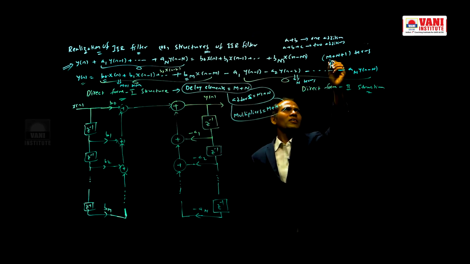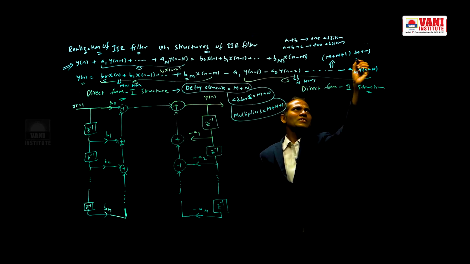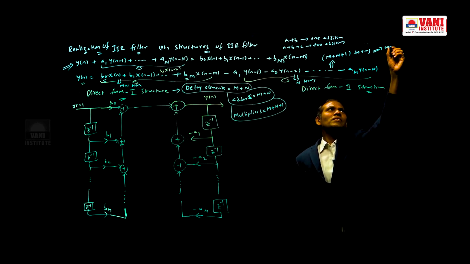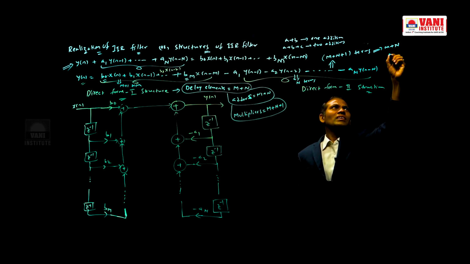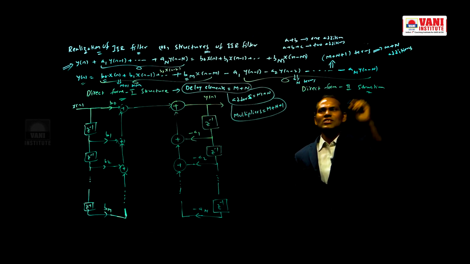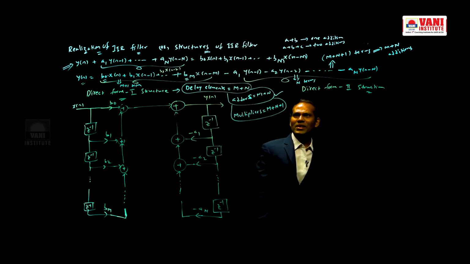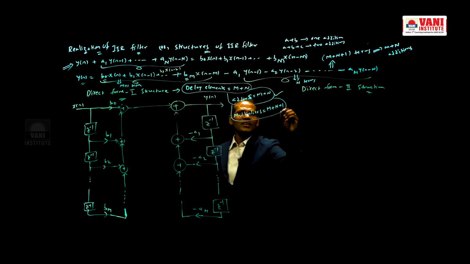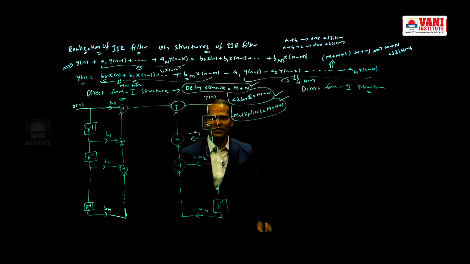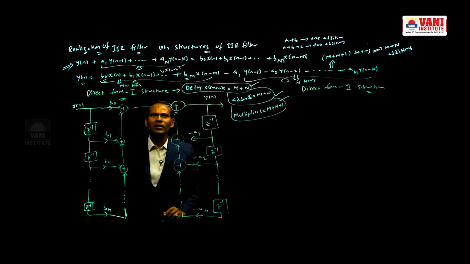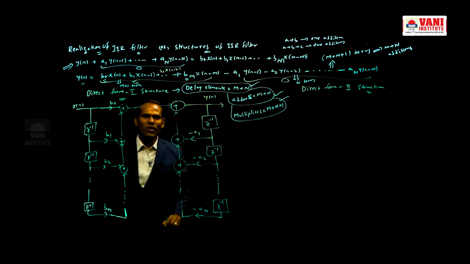Suppose the number of terms are m plus n plus 1, then the number of additions definitely will be 1 less than that. So m plus n additions. That is why m plus n additions, m plus n plus 1 multiplications, and delay elements are m plus n. That is the reason. That is about direct form 1 structure.